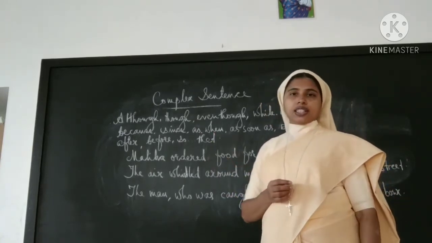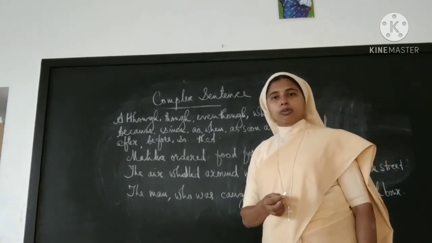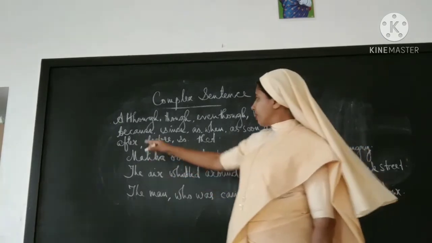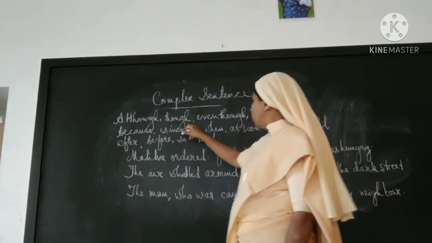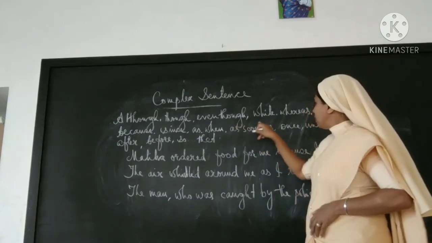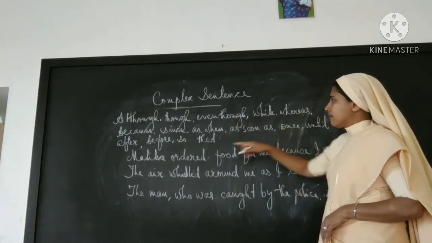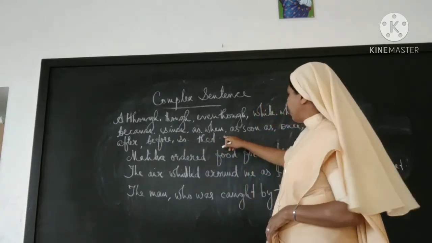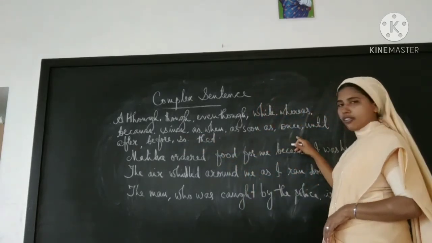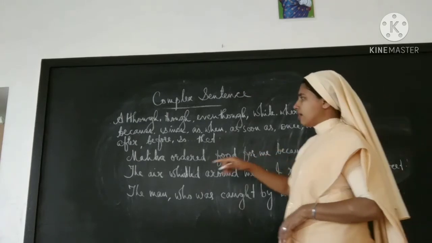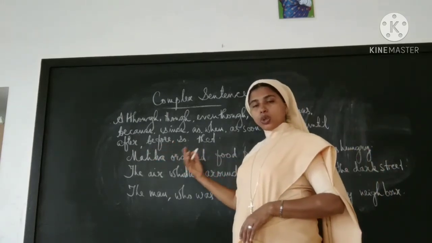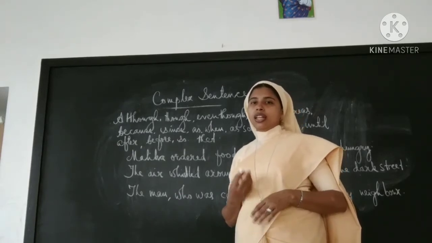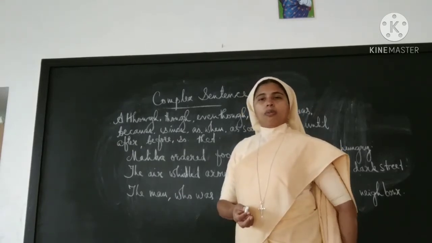Some of the conjunctions which can be added are although, though, even though, while, whereas, because, since, as, when, as soon as, once, until, after, before, so that. Also relative pronouns will be used in order to make it into a complex sentence.